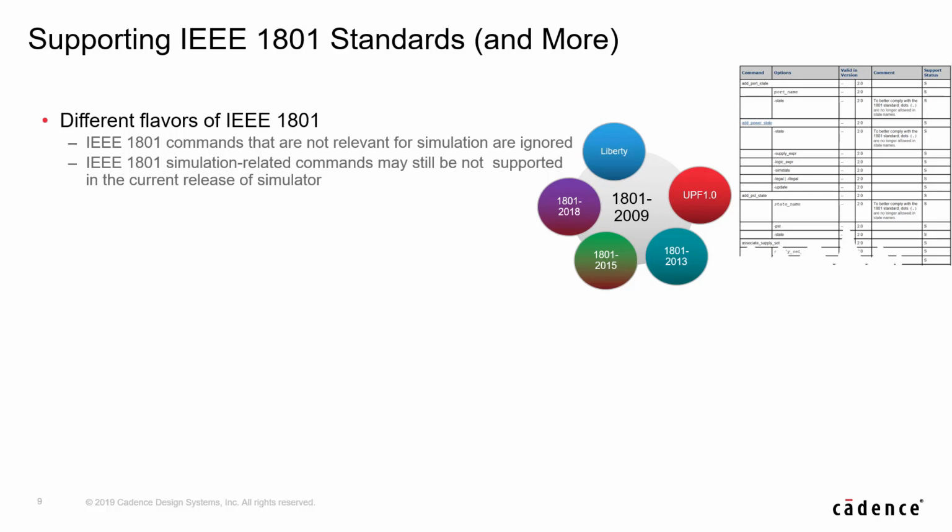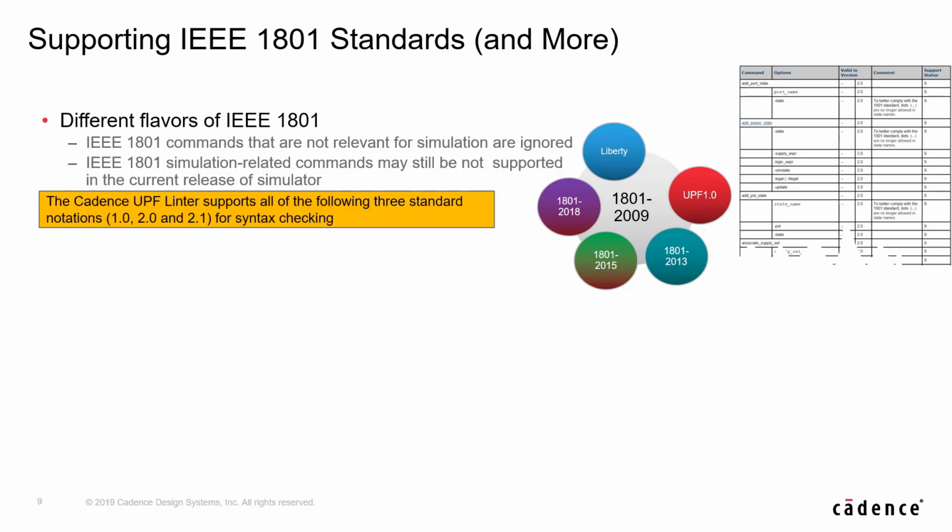The first thing is that Cadence is not only delivering a simulator, it's also delivering implementation tools and other elements. That's why, to guarantee interoperability between tools, we now have a team in charge of a common UPF linter that all the tools will use. This will guarantee that the same subset of the standard is supported by all the tools the same way.